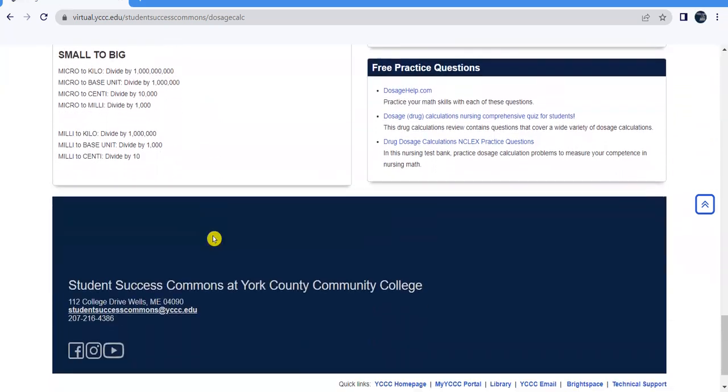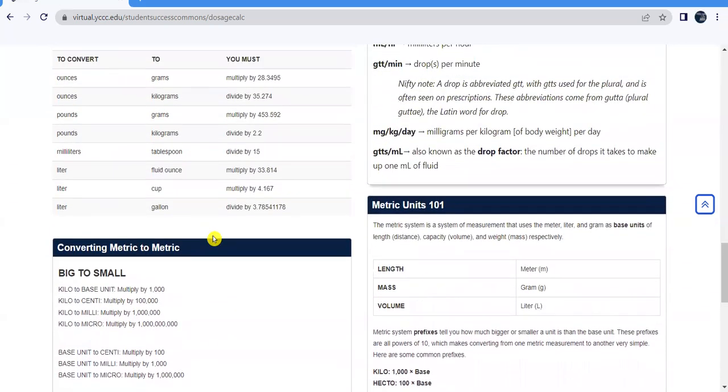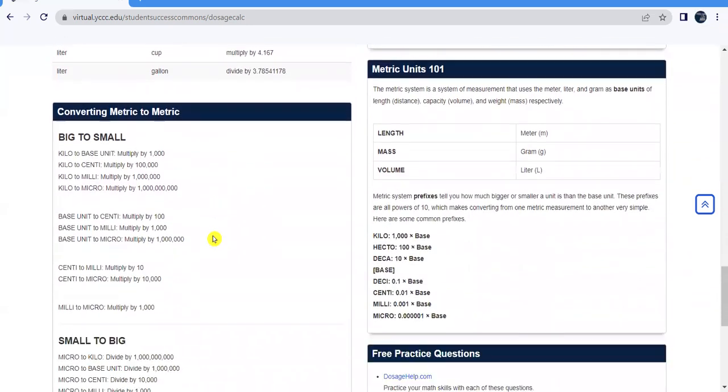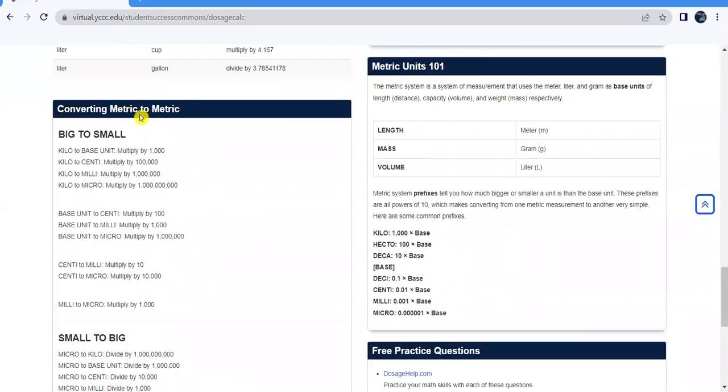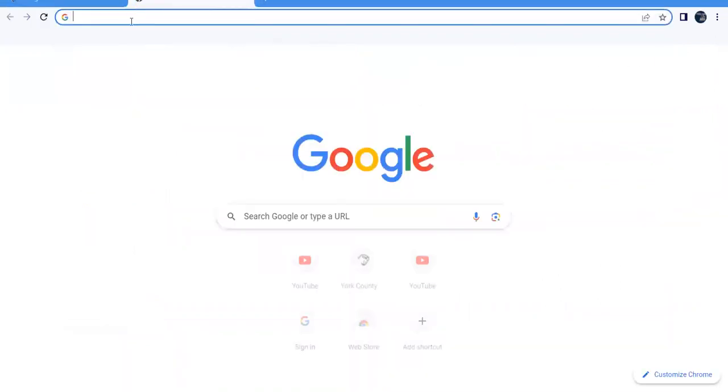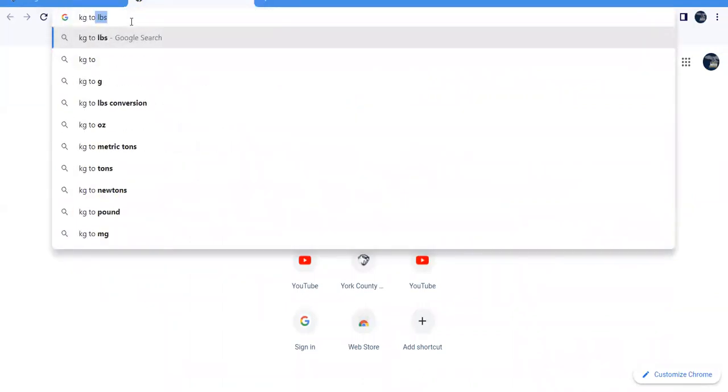So I would encourage you to check out this page, keep this bookmarked, and get some practice converting from metric to metric. To double check your work and make sure you're understanding how this table works, you can always do a Google search. Google has a built-in conversion. So I'll just do kg to mcg.